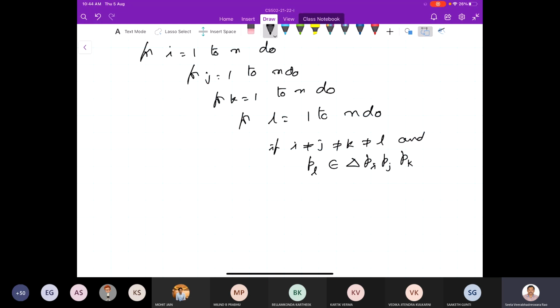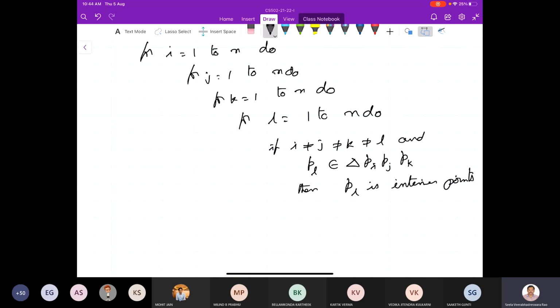So the point belongs to this one. Then P_L is an interior point, or a non-exterior point, and you can remove it. If you do this continuously, you will remove all the interior points.